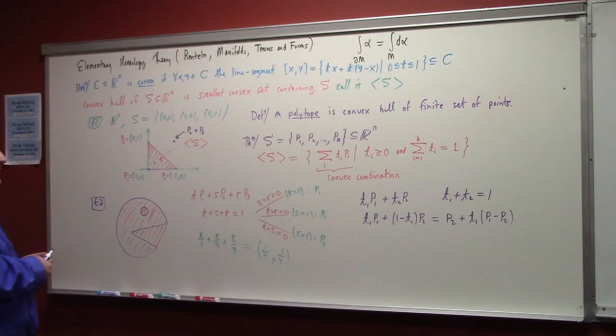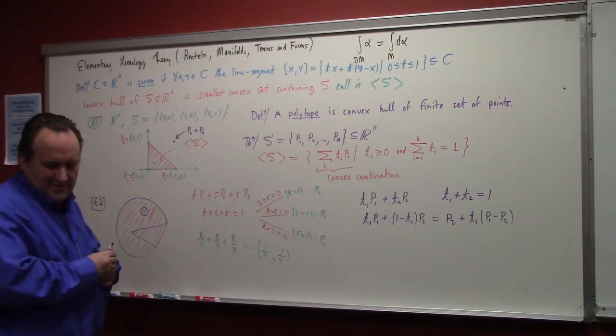And then you want to assume it's true for k points and try to prove it for k plus 1, right? But anyway, all right, I'm going to stop. We should go on.